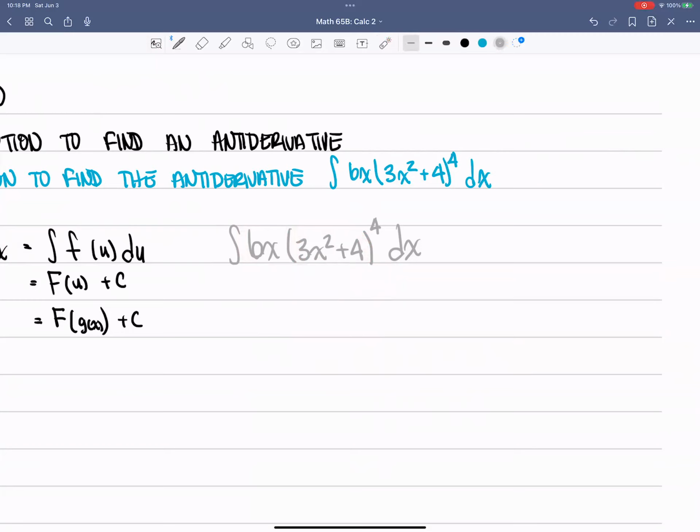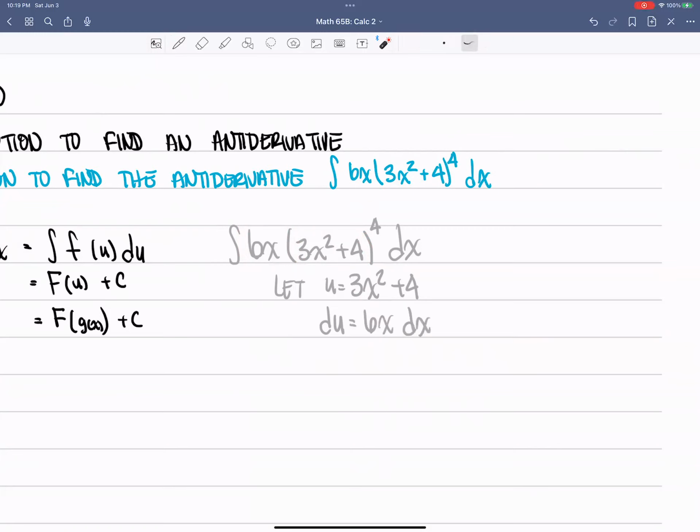So what we're going to do is let u equal 3x squared plus 4. Let's differentiate this. So du is equal to 6x dx. And now I see that part.